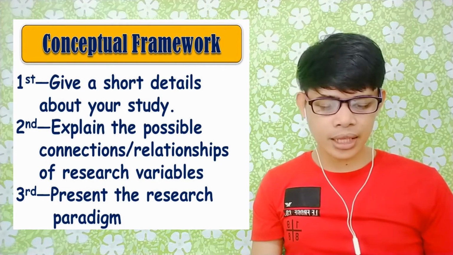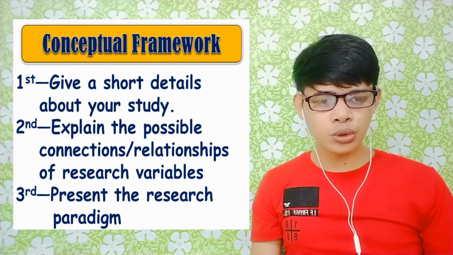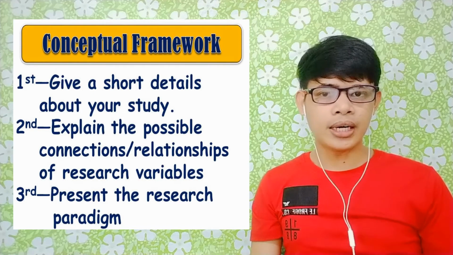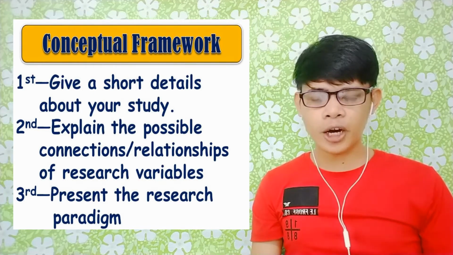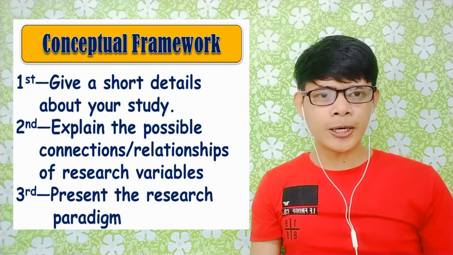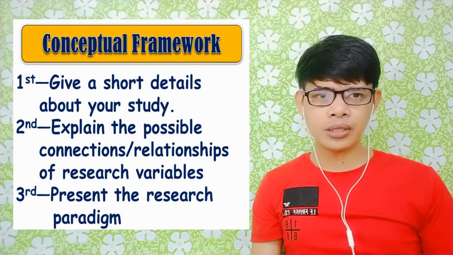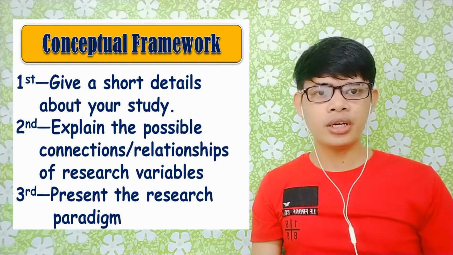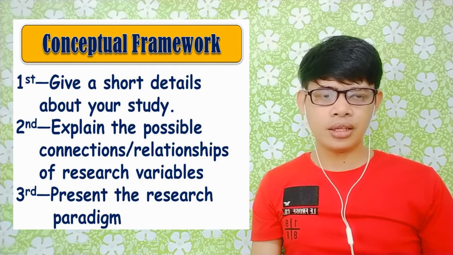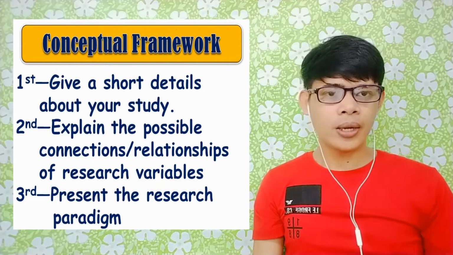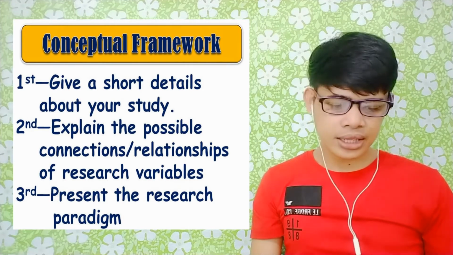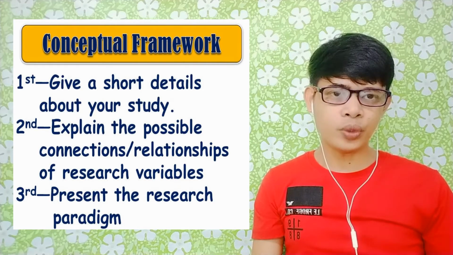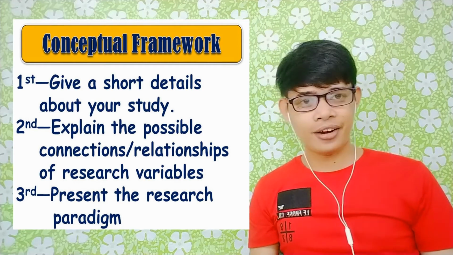So in that paragraph, you have to establish a statement, or you are to explain there what is the possible relationship between your independent and then your dependent variables. And the third one, you are going to present the research paradigm, which is already in a diagram form.